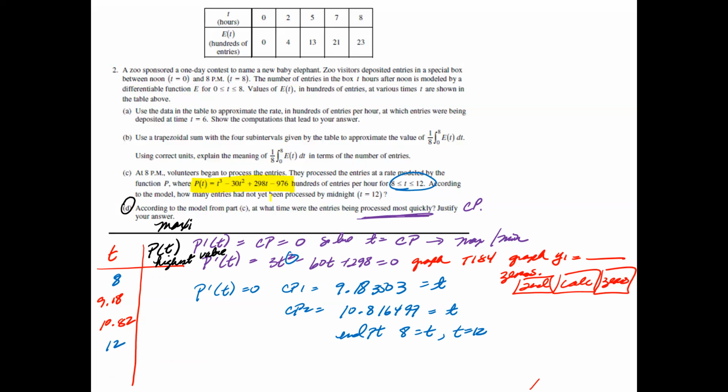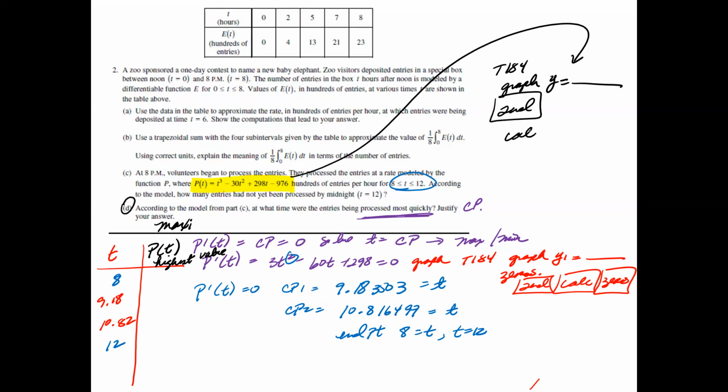You could do this one of several ways. You can go ahead and graph this and then do a second calc X value, which I think will be the fastest. So using your TI-84, make sure you graph Y equals, and you're going to be putting this formula there. Second calc X value.